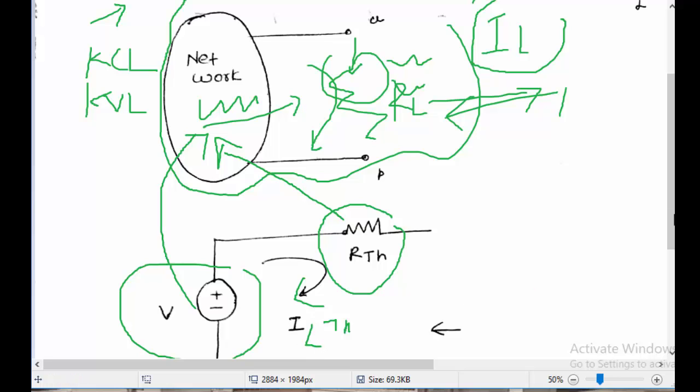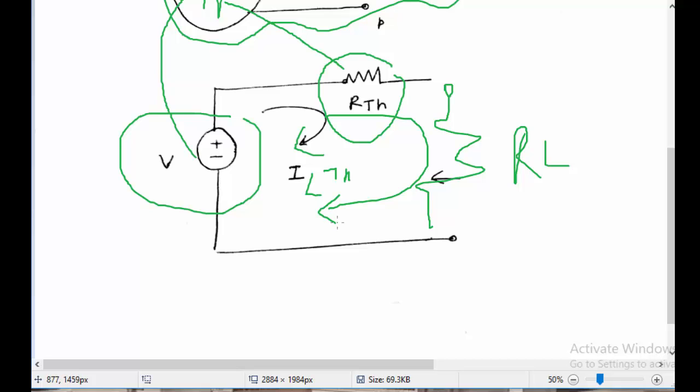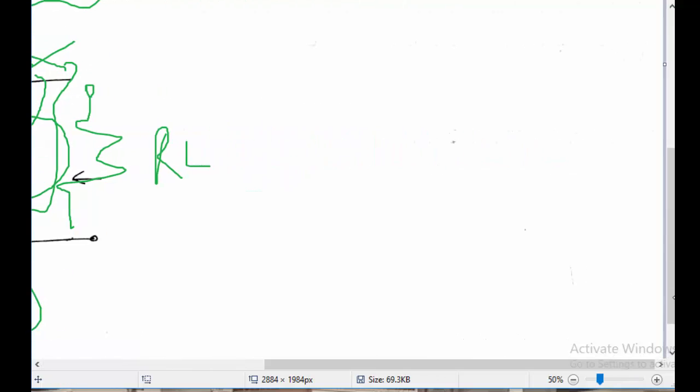Looking into this circuit, you have removed the load resistance. Once you connect the load resistance back, you will be able to easily find the current flowing through the load resistance. Solving the circuit in this way is known as the Thevenin's network or Thevenin solution, by finding the Thevenin's equivalent resistance and the Thevenin's voltage. So that was the Thevenin's circuit.